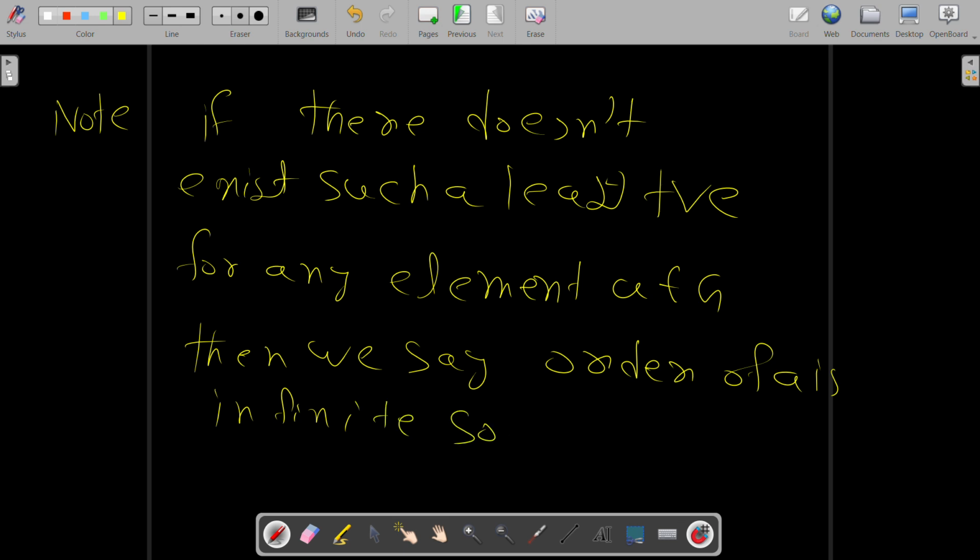So from there we can say the group is also a group of infinite order.